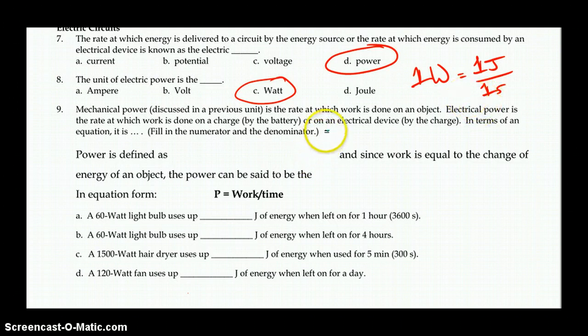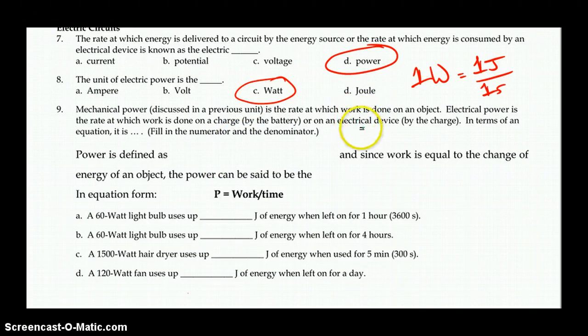When we talk about electric power, it is the rate at which work is done on a charge. It may be done on the charge by the battery to increase the energy, and then when it goes through, that energy might be removed by that device. So a light bulb might turn the energy into light.